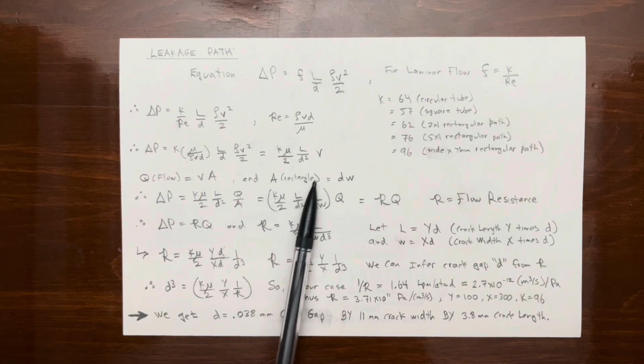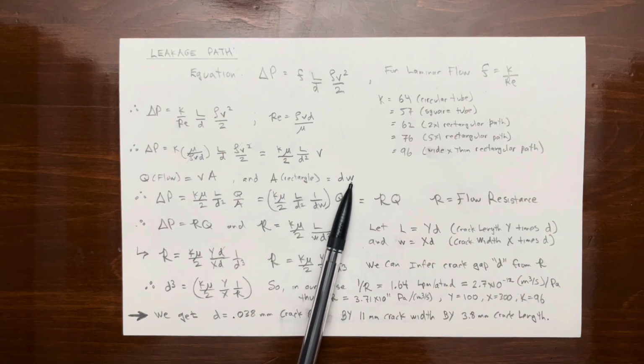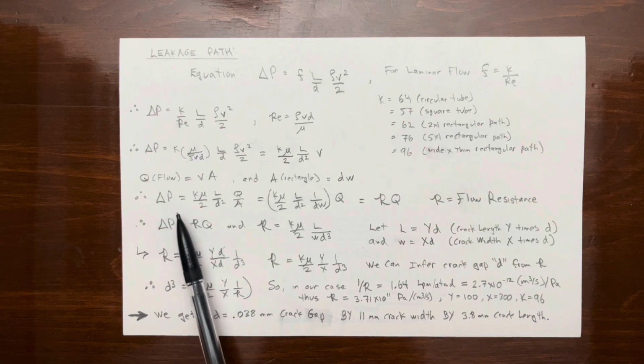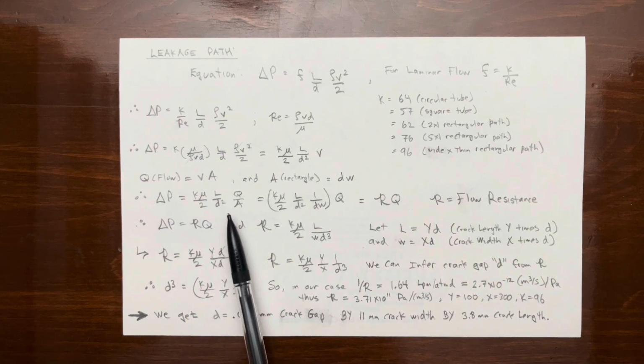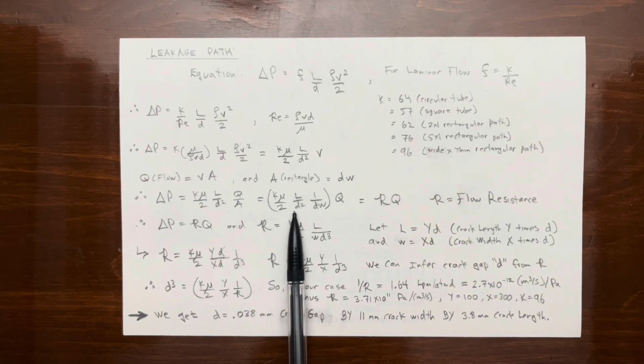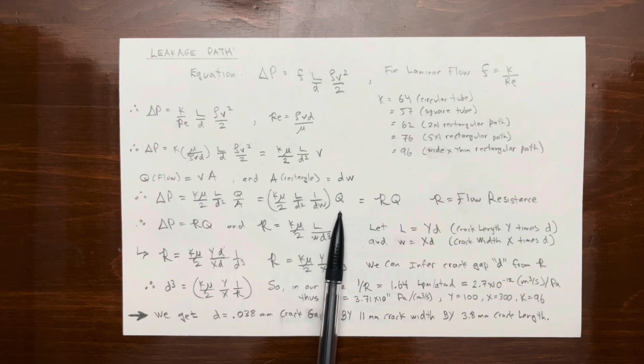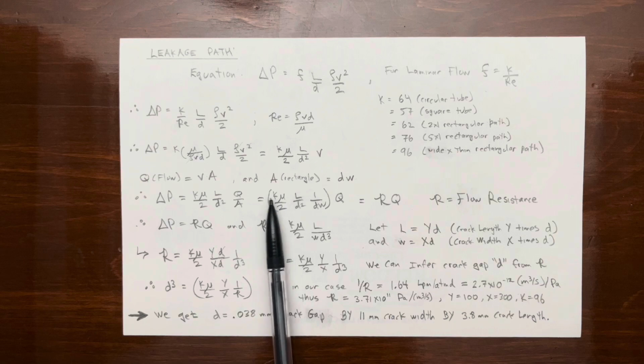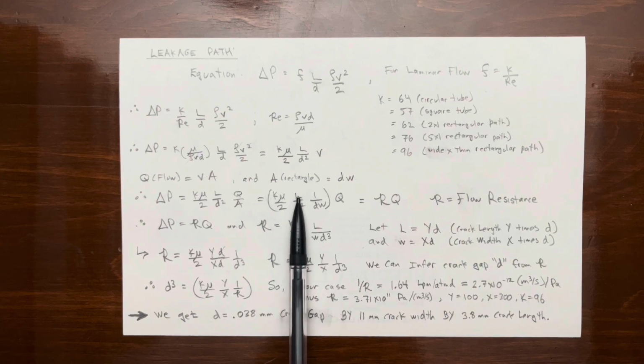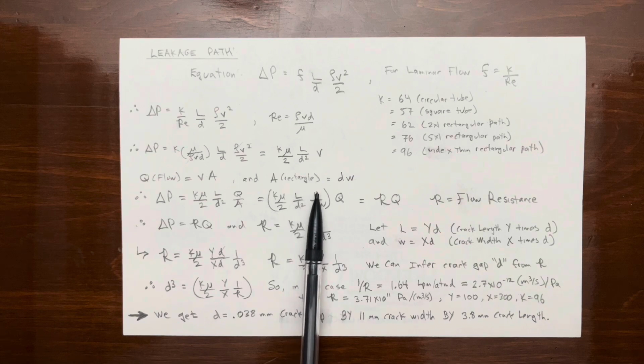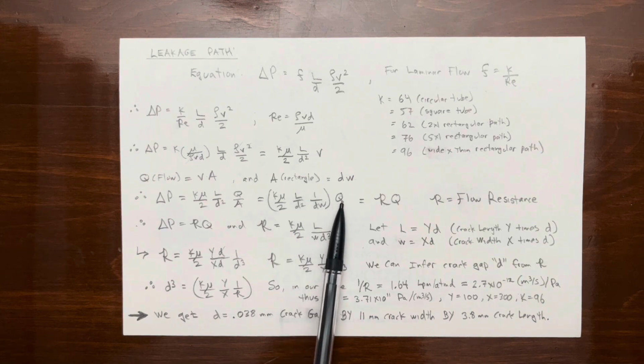And the area of any rectangle is going to be the diameter times the width. So we substitute those numbers, and at any point you can pause this video and look at the math. I don't want to drag it out too long. But you basically get the geometric factor times dynamic viscosity over 2, length over d squared, and then 1 over d times w. All that in parentheses is Q.